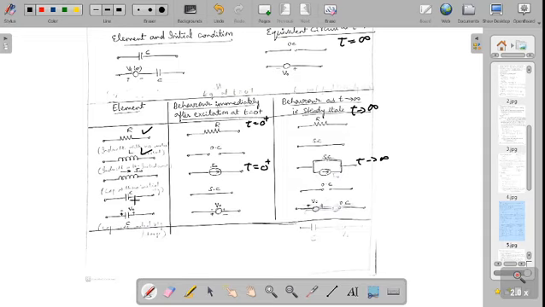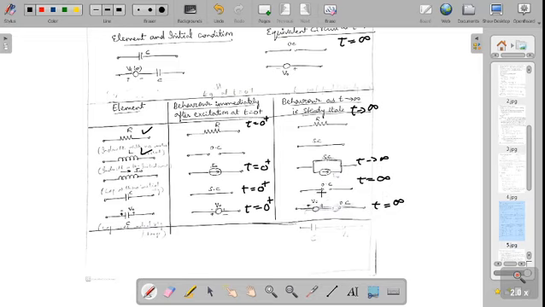Next, if there is a capacitor at t is equal to 0 plus, it behaves as a short circuit, and at t is equal to infinity, it behaves as an open circuit. And in the past history, if the capacitor is carrying some voltage, it can be replaced by a voltage source at t is equal to 0 plus, and by a voltage source plus open circuit at t is equal to infinity.